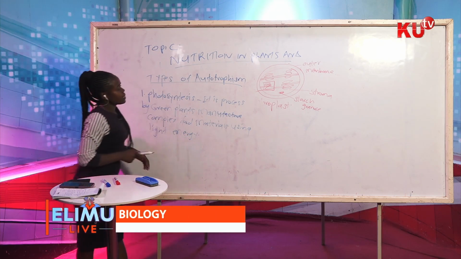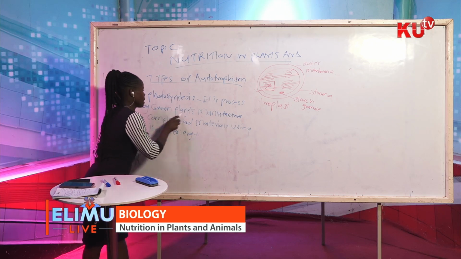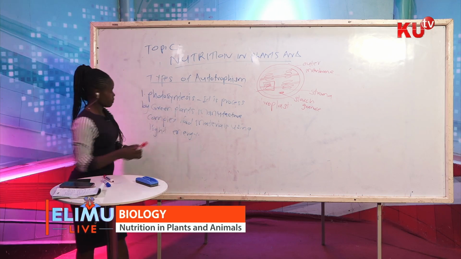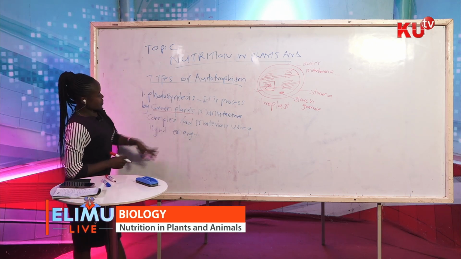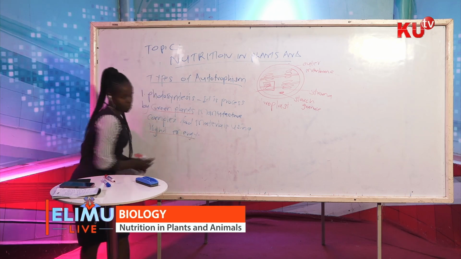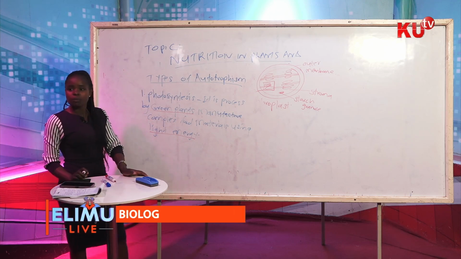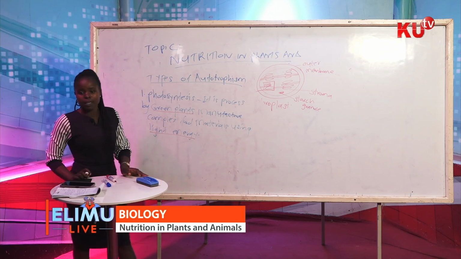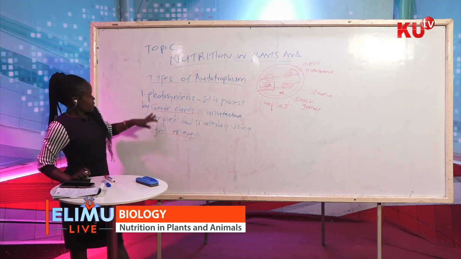So photosynthesis is the process by which green plants, mark here green plants, manufacture complex food materials using what? Light energy. If you may be asked to differentiate between photosynthesis and autotrophism, I think you will see a difference.